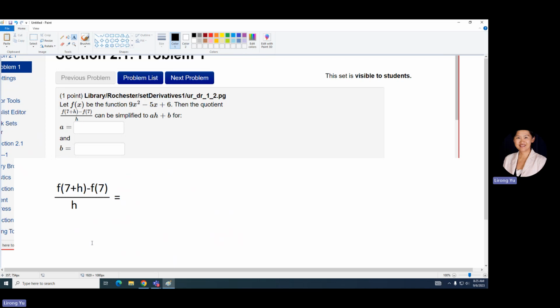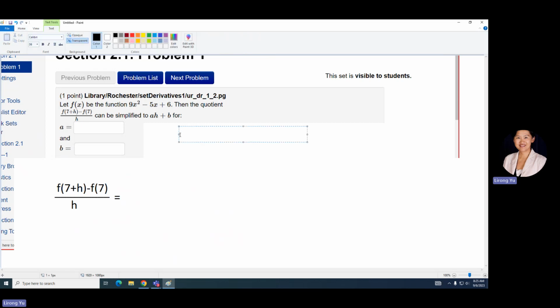So we're going to write it out. Since the definition of f of x has 3 terms, both of these can be long. In order to save space and make it more organized, we can calculate them by themselves and then plug them in. For example, we can calculate f of 7 by itself. f of x is 9 times x squared minus 5x plus 6.